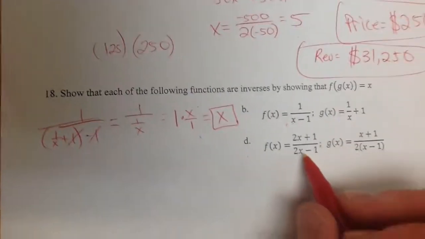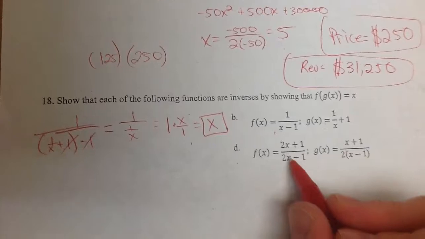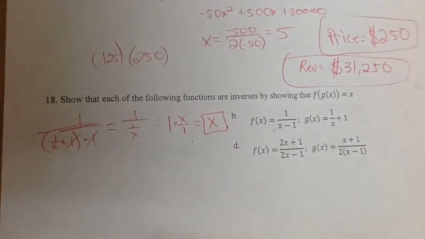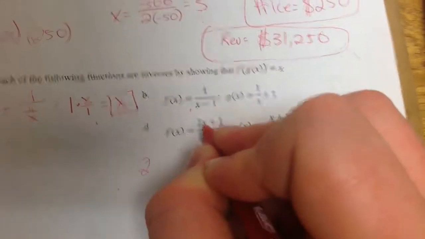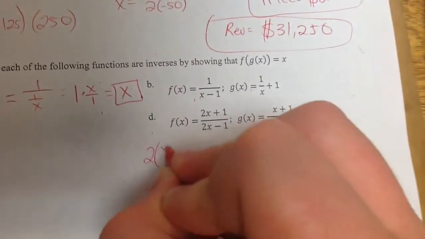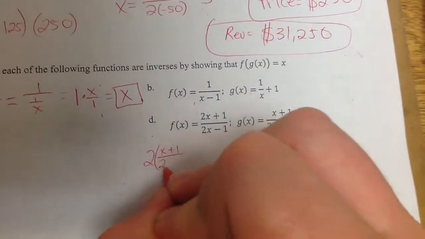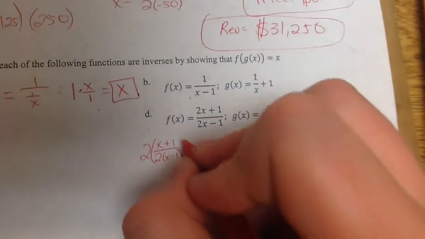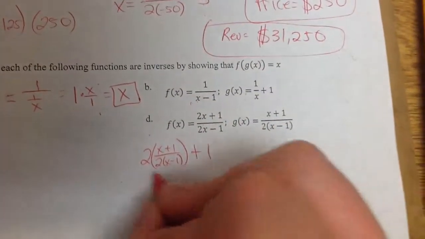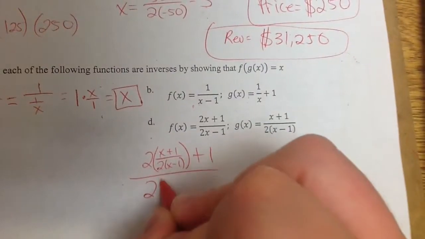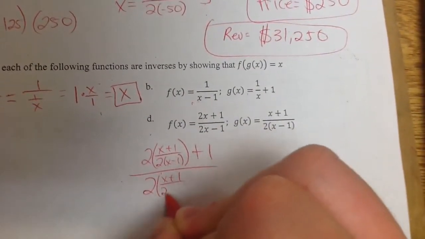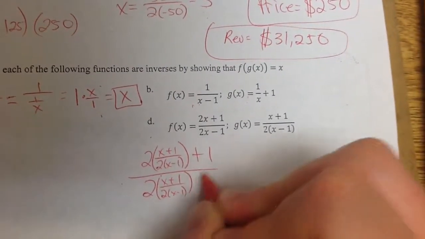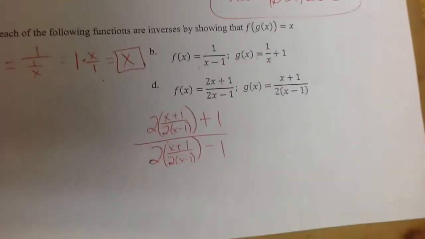Same thing down here. Plug that one in for those x's. Ooh, that one's crazy. So we'll go, let's see, 2, instead of x, I'm going to put that whole thing. X plus 1 over 2 times x minus 1. Plus 1 over 2, and then I put that whole thing again. X plus 1 over 2 times x minus 1. Minus 1. Now you got to simplify.